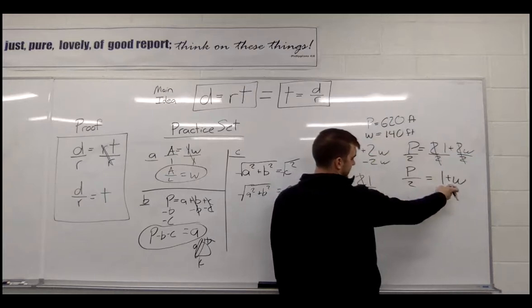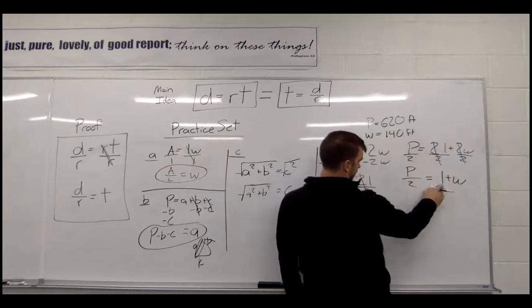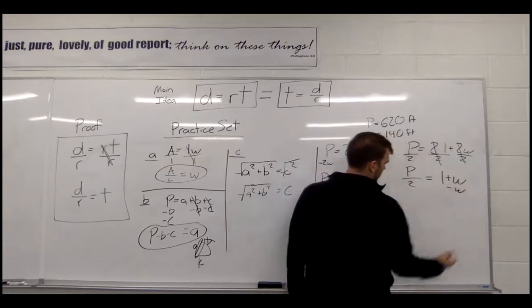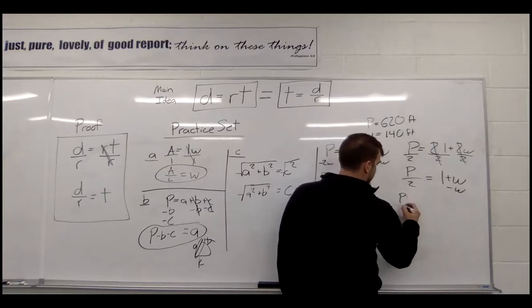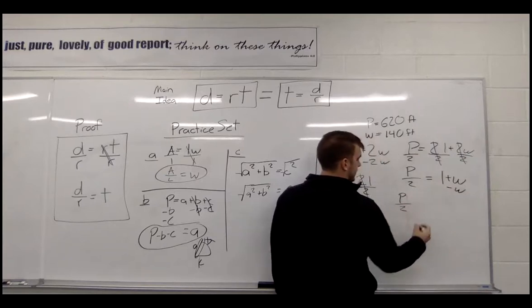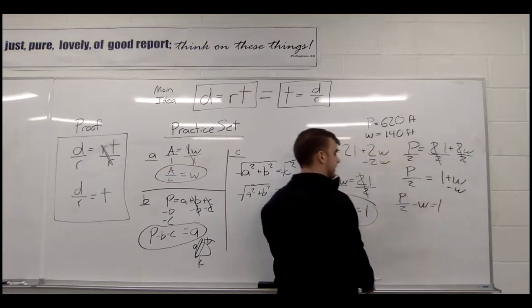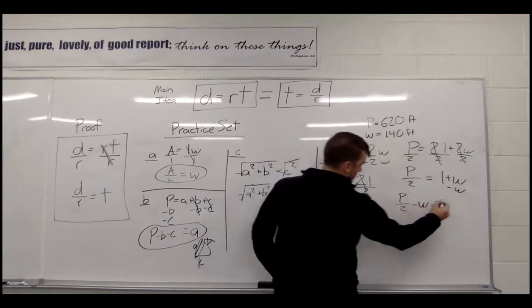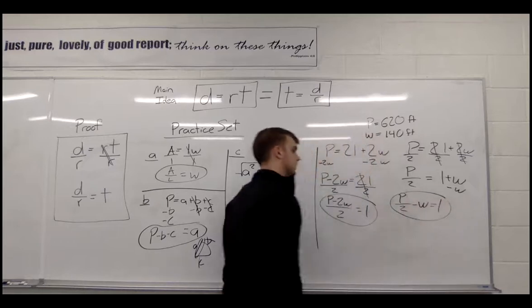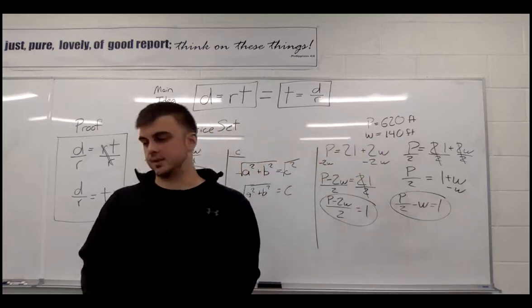Now you look at this and say, well, I still want L by itself, so you subtract W. So the perimeter divided by 2 minus the width is equal to the length, right? Two formulas that would give the exact same answer.